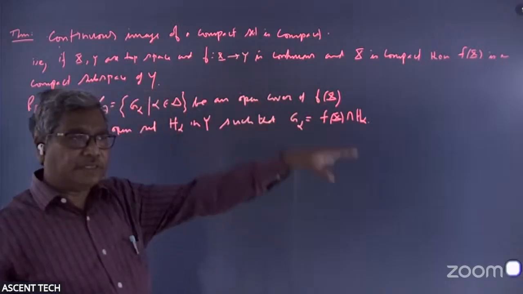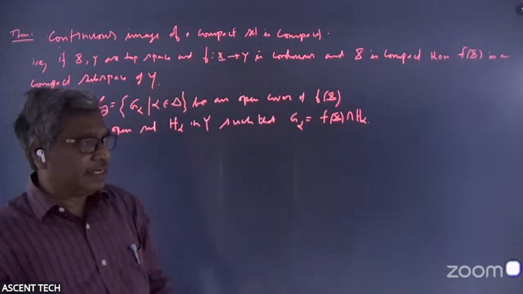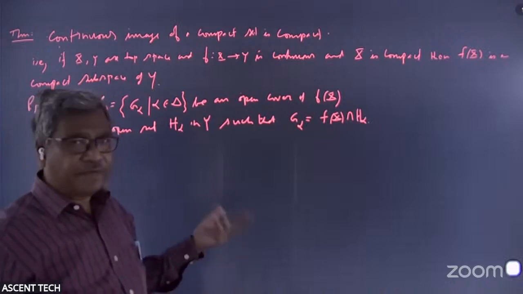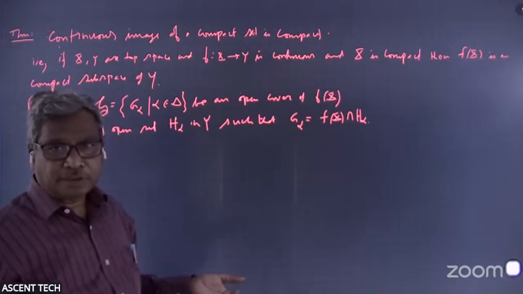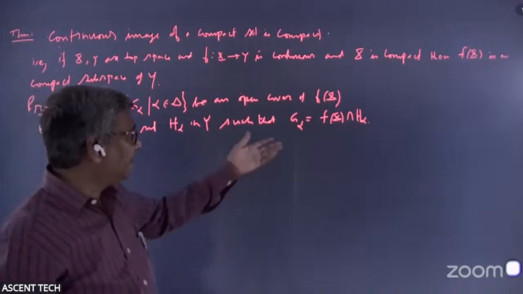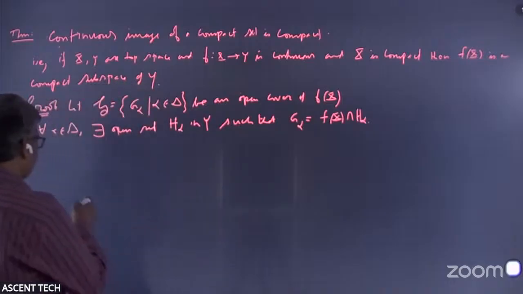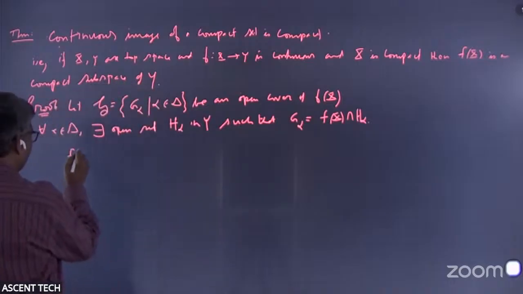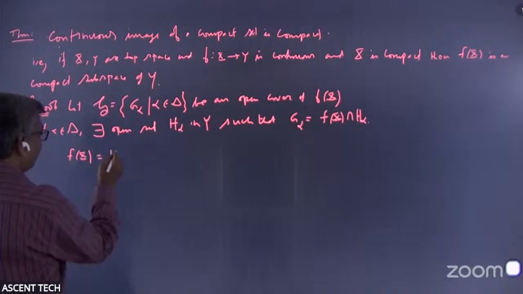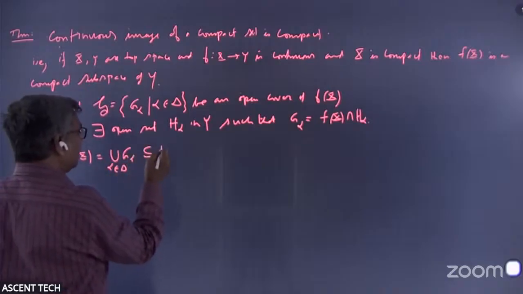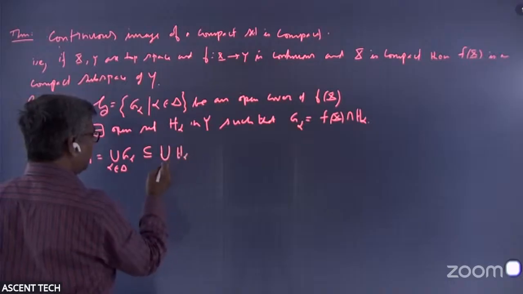All these H alphas will cover f of X, the range. G alphas themselves are covering f of X, so H alphas will cover f of X. So f of X is equal to the union of G alpha, alpha in delta, and this is contained in the union of H alpha, alpha in delta.